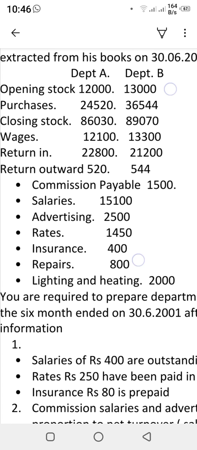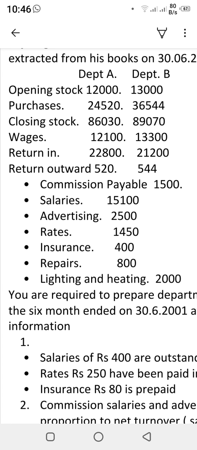You can see, I hope it will be clear to you. In purchases, department A has 24,520, and department B has 36,544. It will appear on the debit side of the trading account.